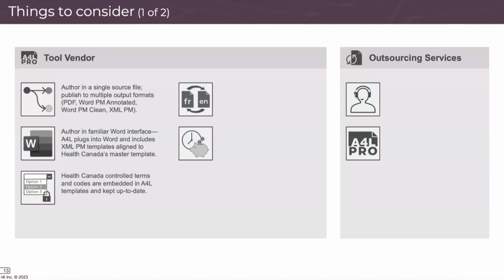However, our XML PM templates are structured to align with Health Canada's requirements, including the control vocabulary headings and lists. We have all the required control vocabulary terms embedded in A4L along with their associated codes, making them very straightforward to deal with. You just pick a control vocabulary term and the associated code is set for you automatically.